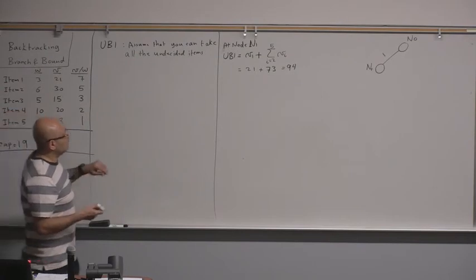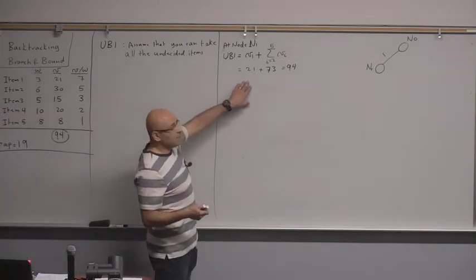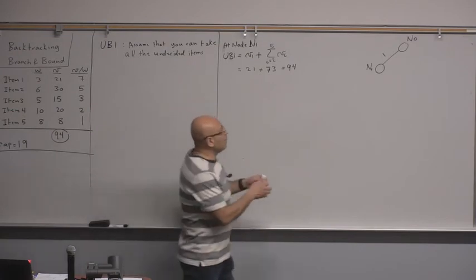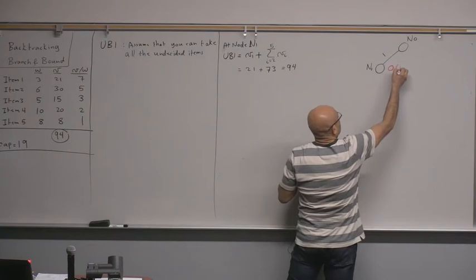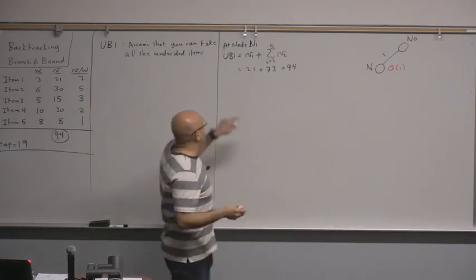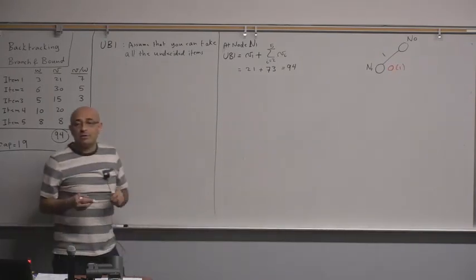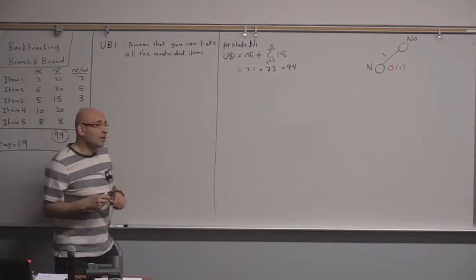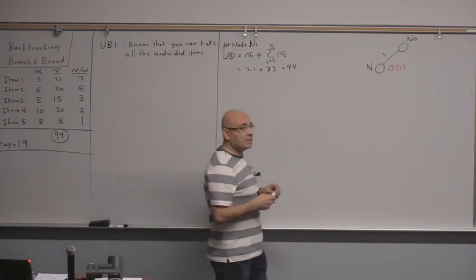Well, now the good thing about this upper bound is that you can compute it with only O(1) computation at each node. How can we compute this upper bound with O(1) computation at each node? So now we are reviewing what we discussed last time.